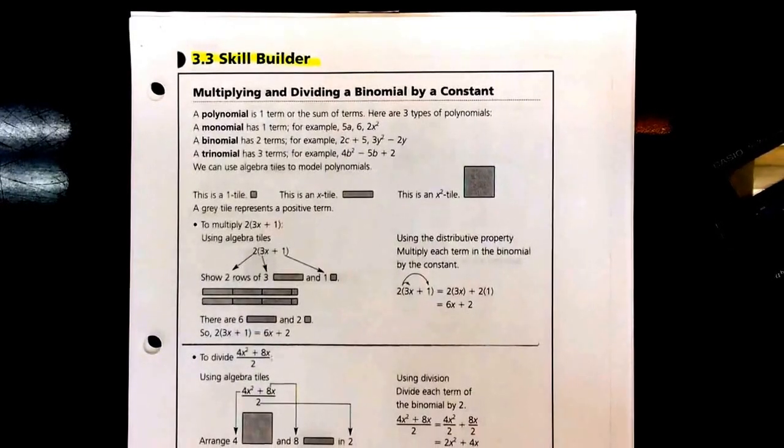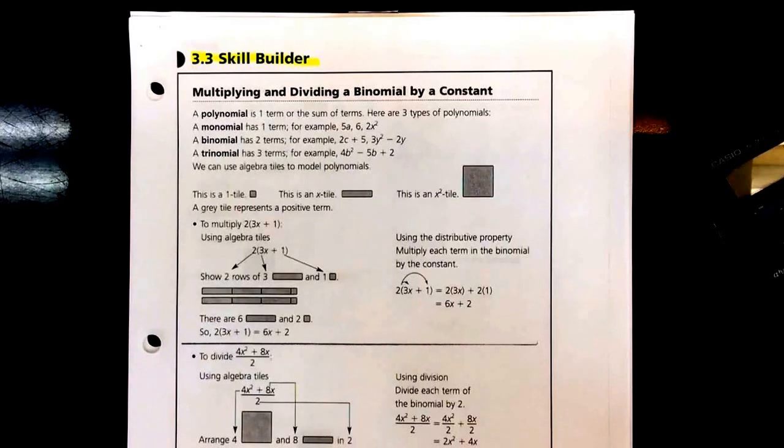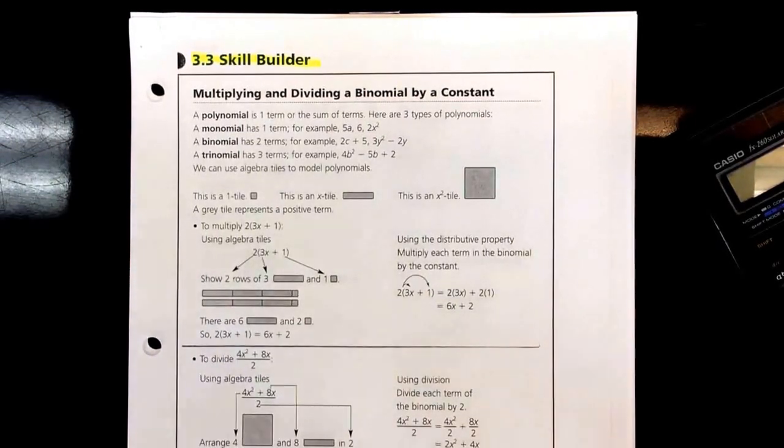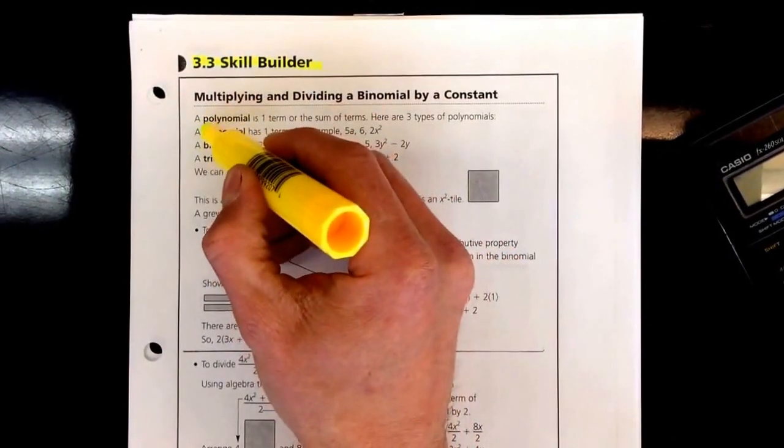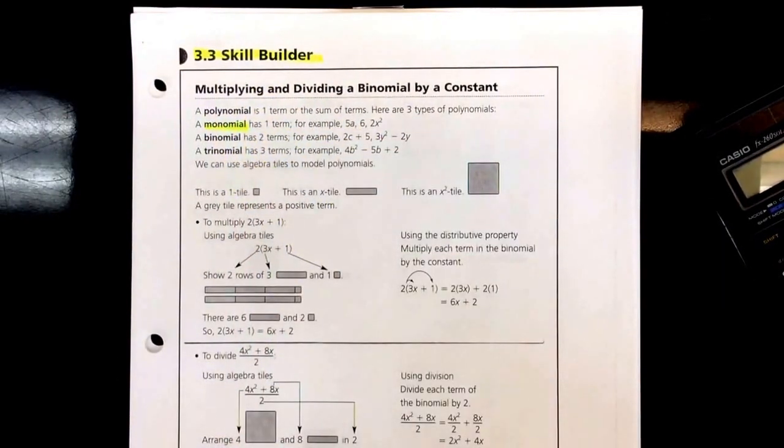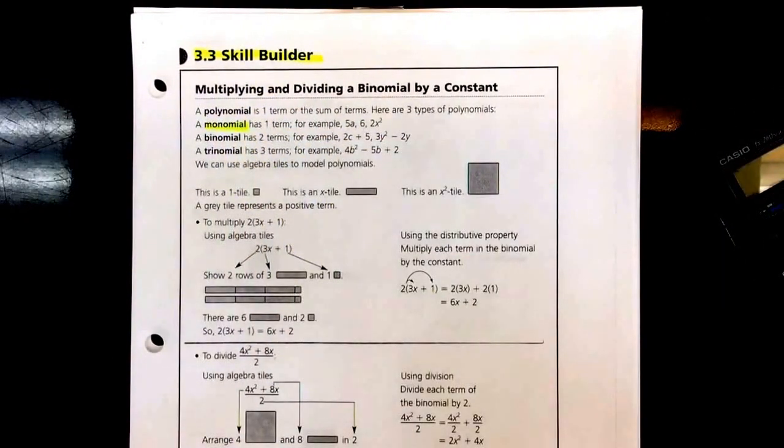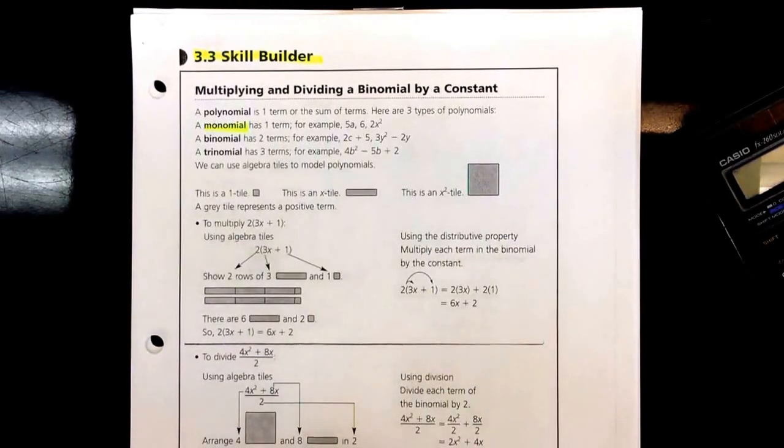The first thing we need to know is what a polynomial is. A polynomial is one term or the sum of terms and often has variables in it, like x, y, z, t. So here are three types of polynomials. A monomial has one term. For example, 5a is a monomial. The number 6 is a monomial. Or 2x squared by itself is a monomial.